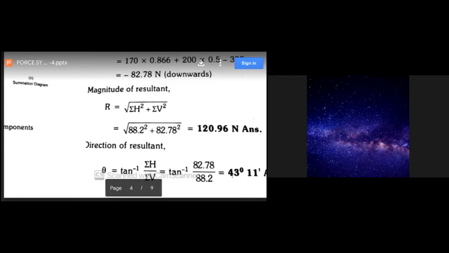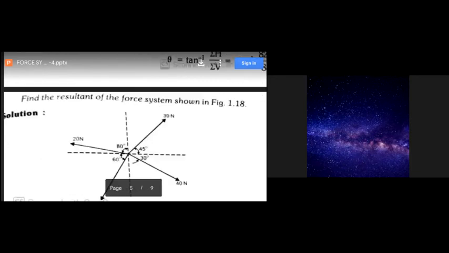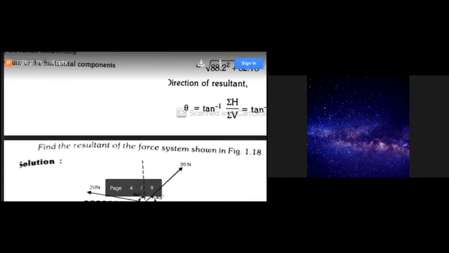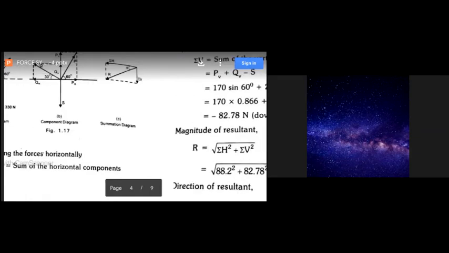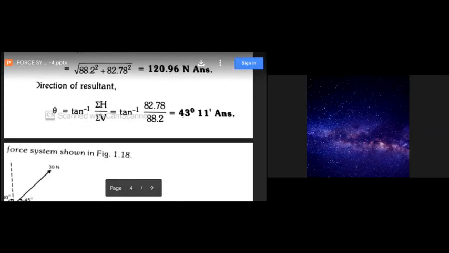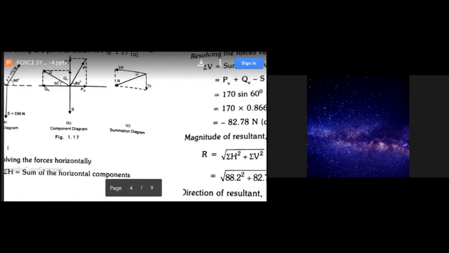Now find the direction of the resultant, that is theta equal to tan inverse sigma V by sigma H. After calculation we will get the value 43.11 degrees, and it can be shown in the figure like this.